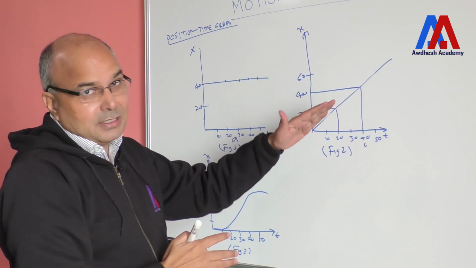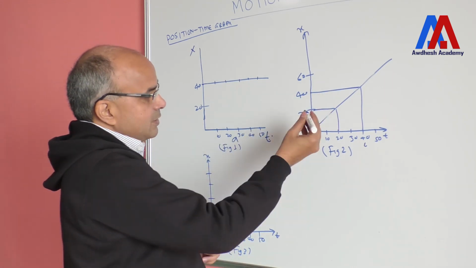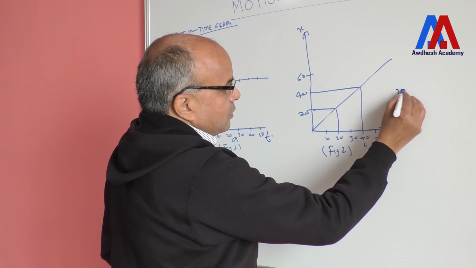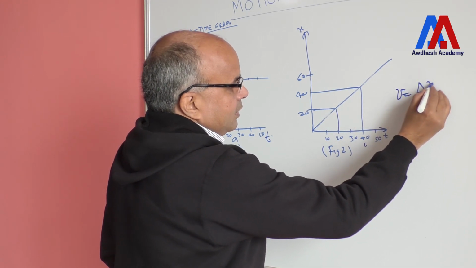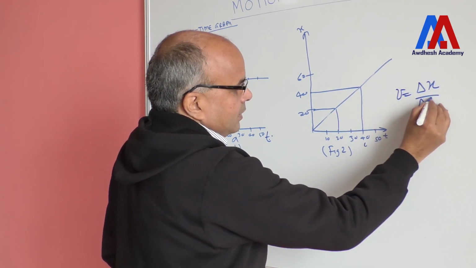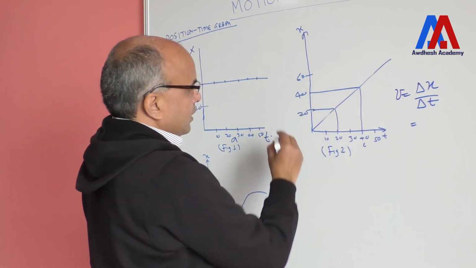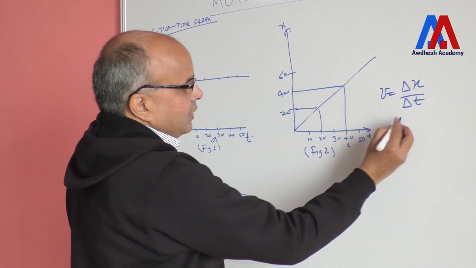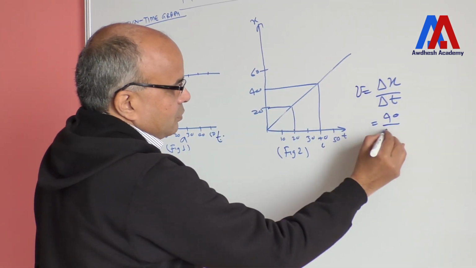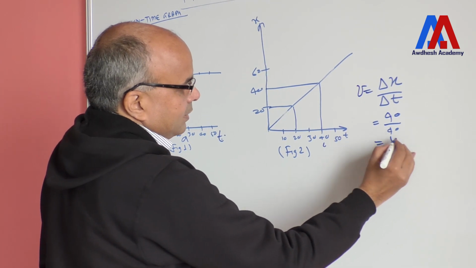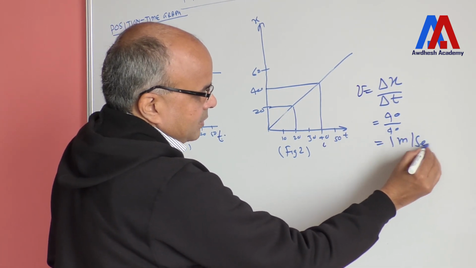If you want, we can measure the velocity also. And how do we measure the velocity? Velocity is equal to the change in distance divided by the change in time. So if we say the distance here is 40 and the time change is also 40, we can say that the velocity is equal to 1 meter per second.